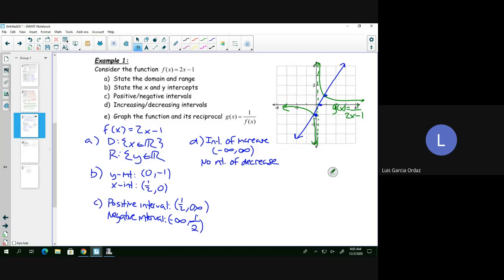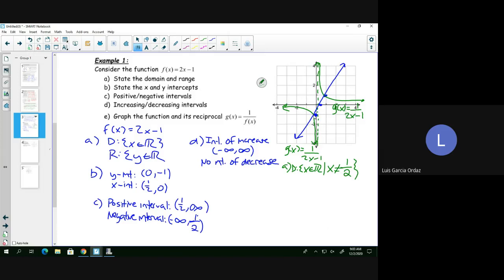So now we have to answer all those questions again for g of x equal to 1 over 2x minus 1. What would our domain and range be for our reciprocal function? x cannot equal 1 over 2.